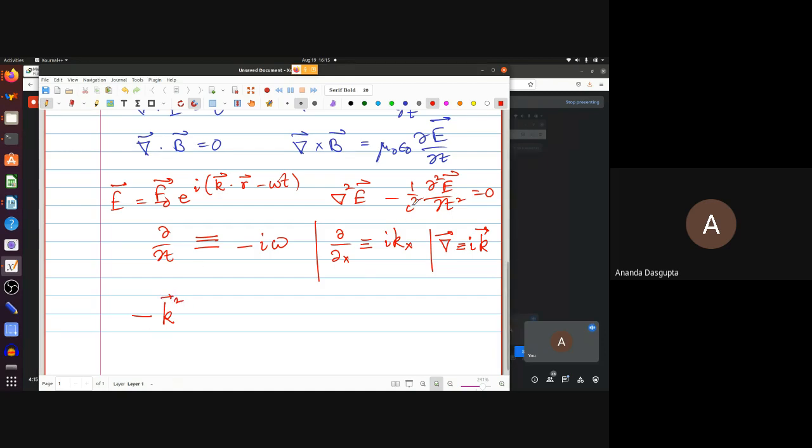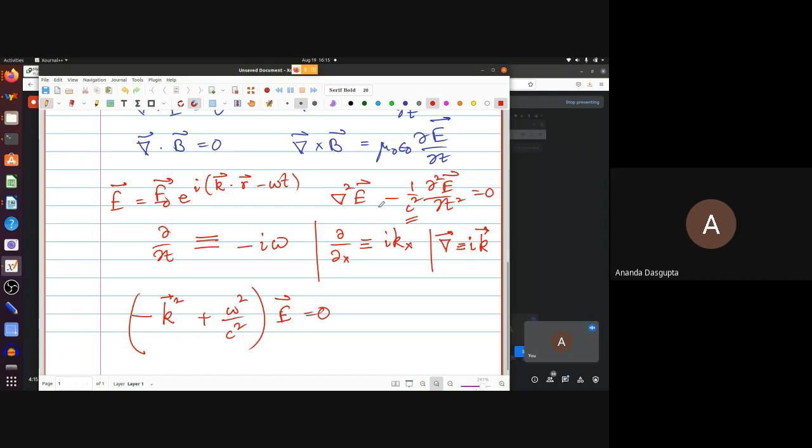So this equation actually ends up being, this is a second derivative, right? Because it's a second derivative, minus I squares to minus 1. So you end up with plus omega square by c square times E equals 0. So that is what the wave equation becomes. Of course, here I have already used the fact that what you really get is Laplacian E minus mu naught epsilon naught del 2 E del T2.